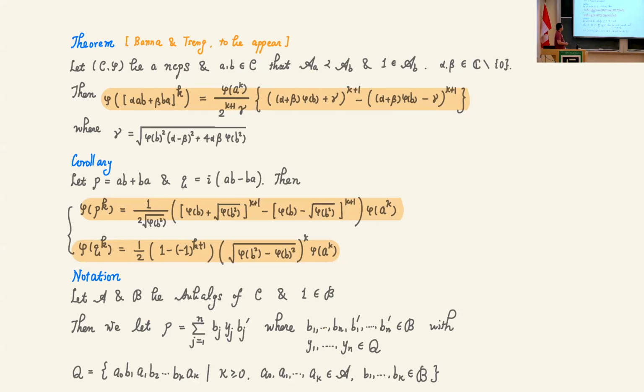Now let's consider the following polynomial. When you're given two sub-algebras of C, and we assume the B is unitary, then we consider such a polynomial P, by the sum of the B_j, Y_j, B_j prime, where B_j, B_j prime are from B, but how about the Y? Y comes from this string. It's AB, AB, AB, those kinds of strings.